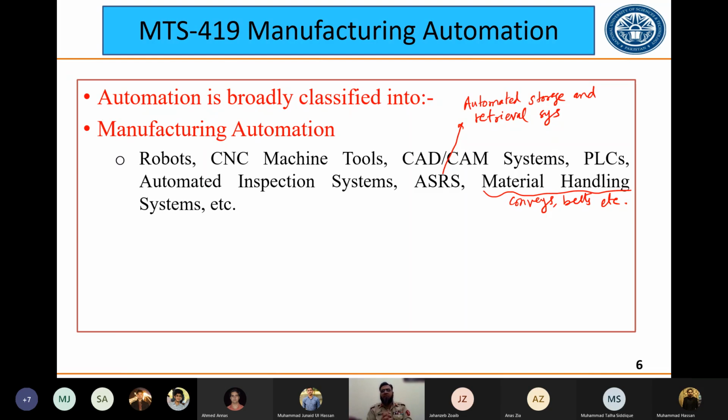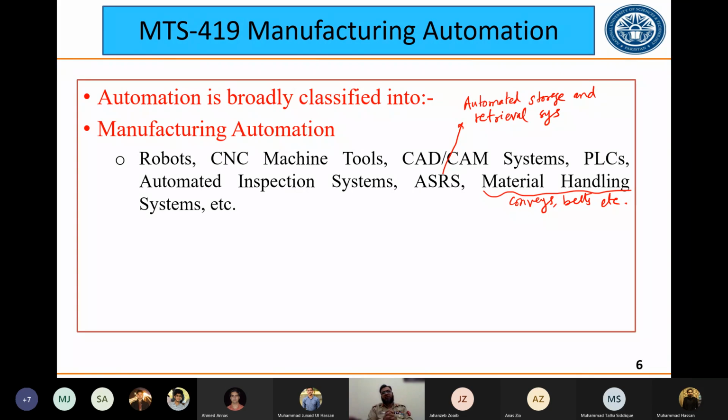Then we will have the manufacturing machines, the CNC machine tools, making some parts for us. Some robots will be in operation, picking up something from one place and placing it into the machine, and then picking up the finished product from the machine and putting it again onto the material handling system like conveyors or belts.